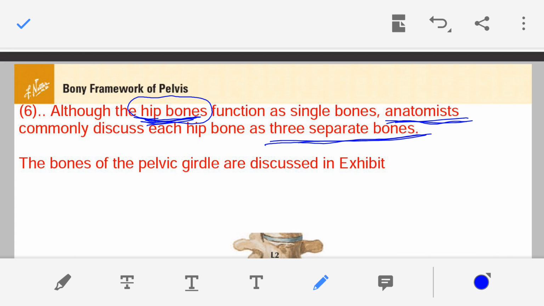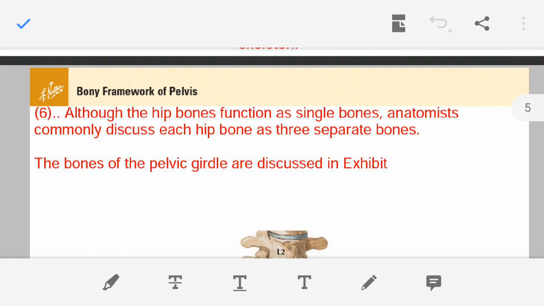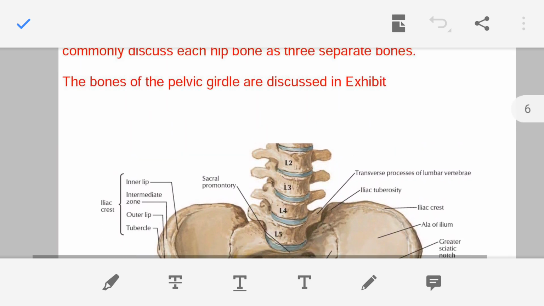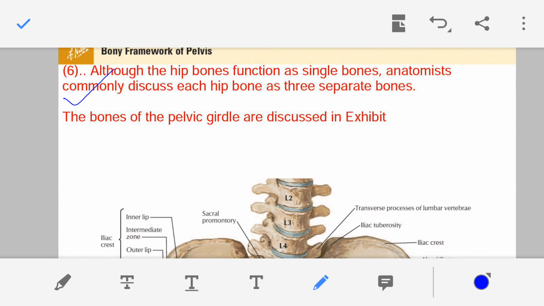So when we look at the hip bone, it looks single, but in reality it is made up of 3 separate bones. So now we are going to study these 3 bones of the hip bones. So this is the 6th point.